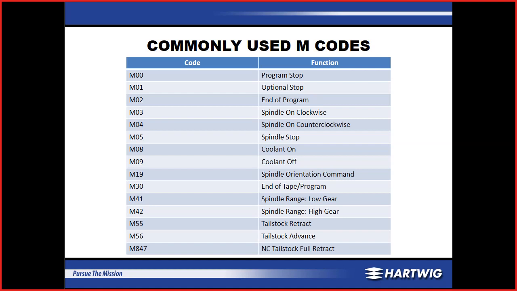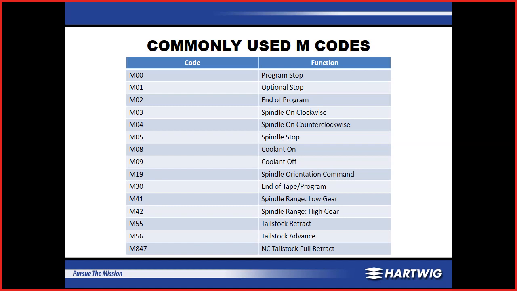M2 is how you end programs in the Okuma. And M3, 4, and 5 are going to be our spindle commands. M8 will toggle coolant on, and 9 will toggle it off. We can orient the spindle with M19.